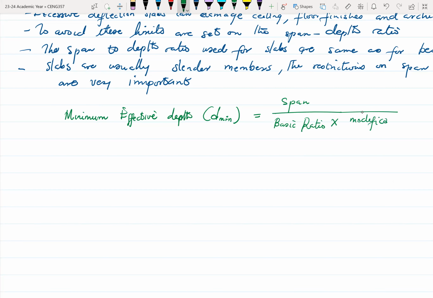Okay. So that's how we calculate the effective span to depth ratio.